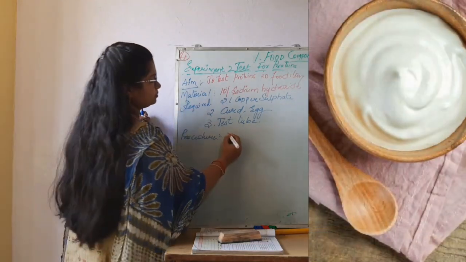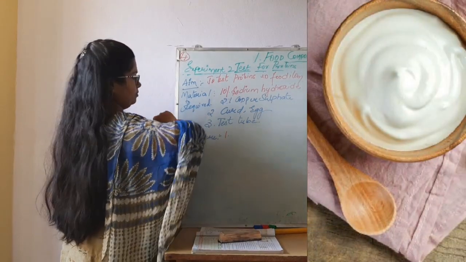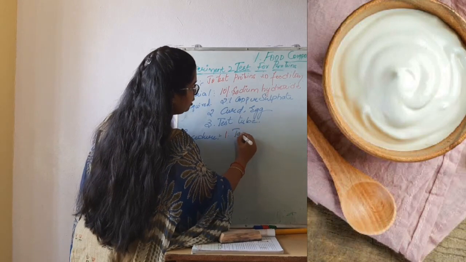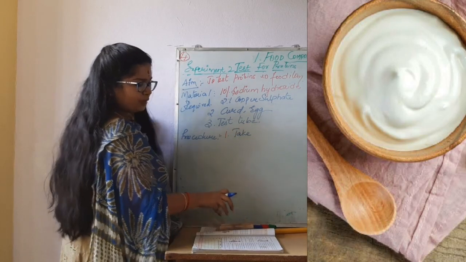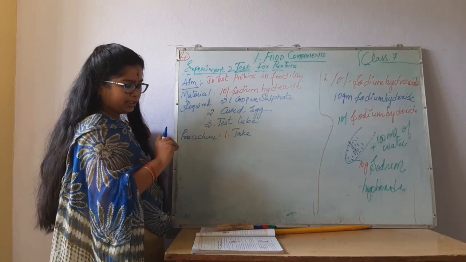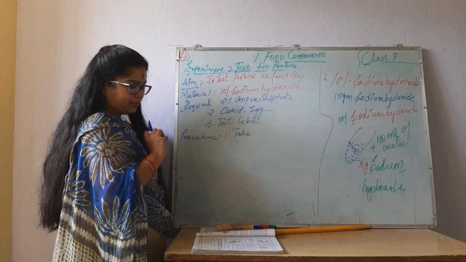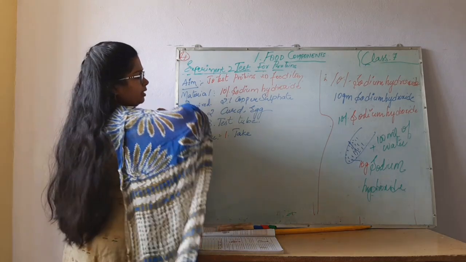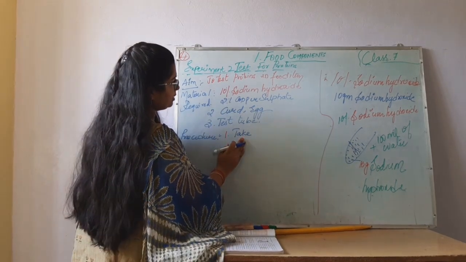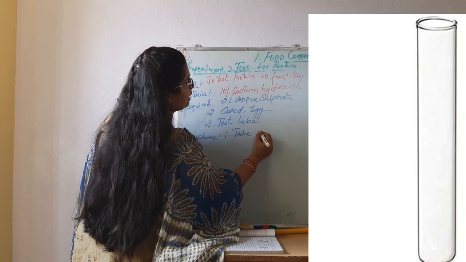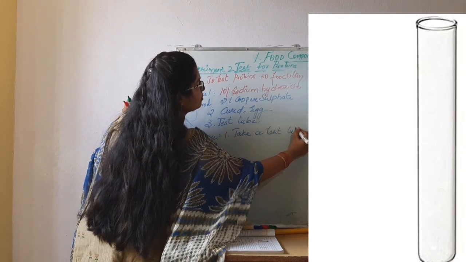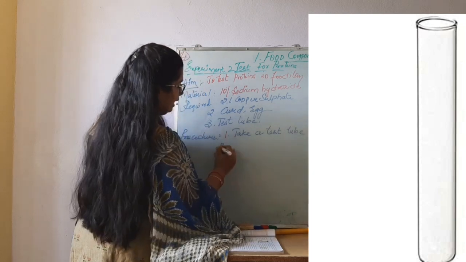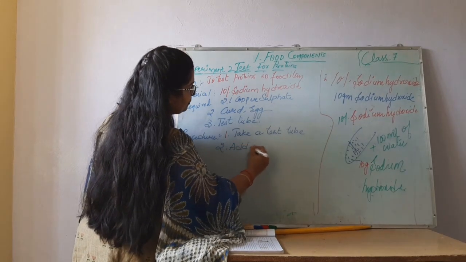Okay, first take a clean test tube. Add 10 drops of this solution in a clean test tube. Add 2 drops of copper sulfate solution and 10 drops of sodium hydroxide. I am taking curd as an example.